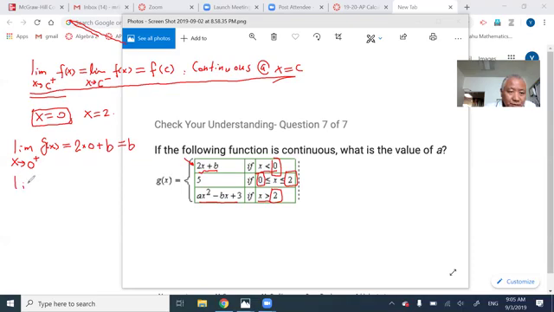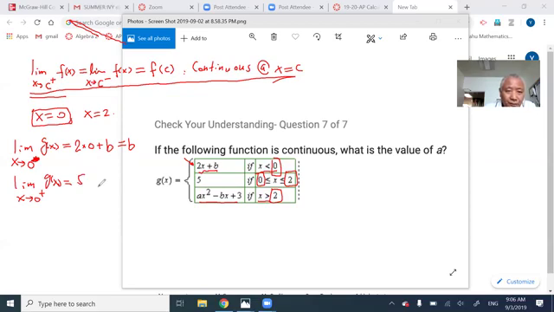And the limit as x approaches 0 from the left side: from the left side we use this piece because x is less than 0. That one is always 5, so it's 5.